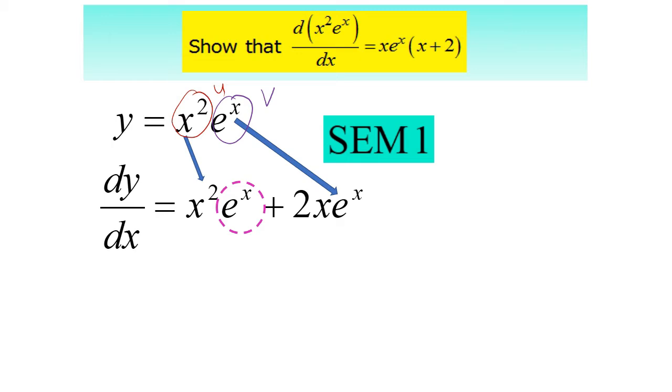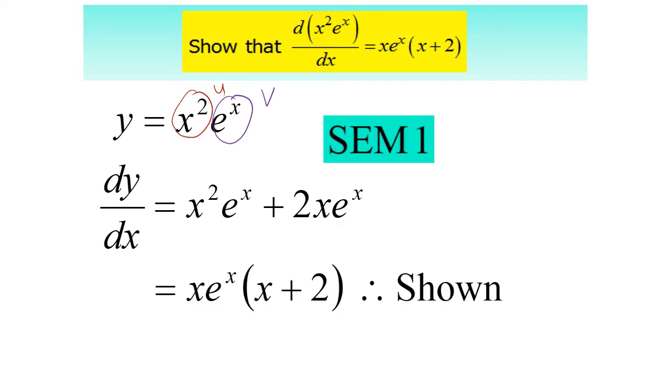Next, our e^x here is v, and then 2x here is u prime. When we apply the product rule here, u v prime plus v u prime, then after we factorize x e^x, we're going to have x e^x (x plus 2). So we have already shown it.